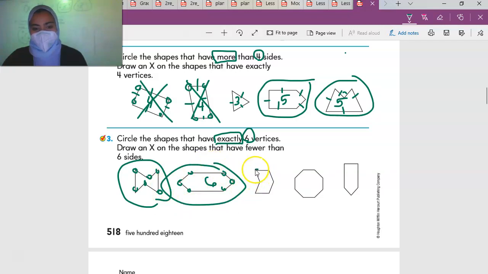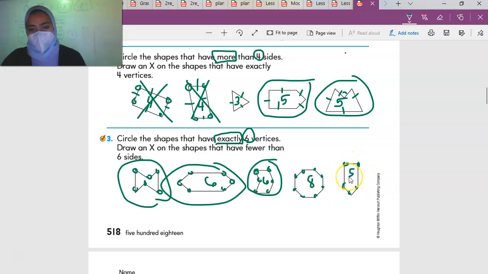Let's see this one. Does it have exactly 6? 1, 2, 3, 4, 5, 6. Yep. See this one. 1, 2, 3, 4, 5, 6, 7, 8. Nope. Let's see this one. 1, 2, 3, 4, 5.